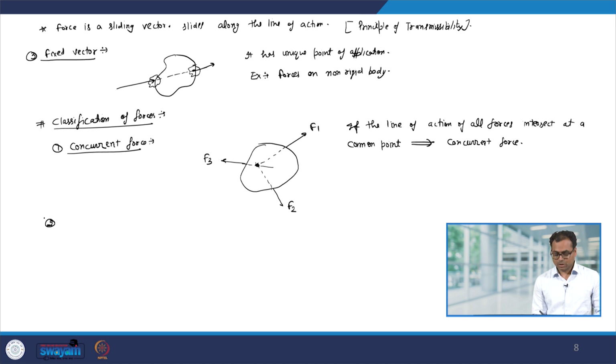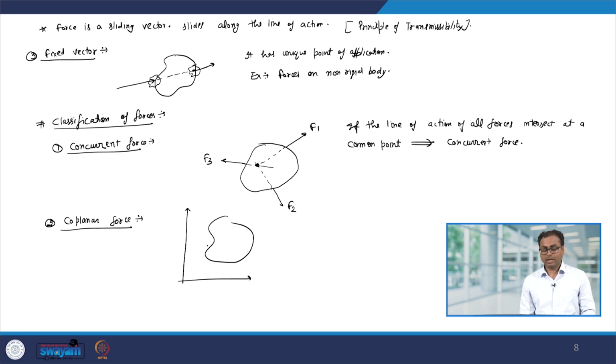Now, we can also have a situation wherein the forces are coplanar. So, in this case, again we have a rigid body, and in this rigid body the forces are acting, but these forces will act in a plane. Okay. So, here all forces lie in the same plane.